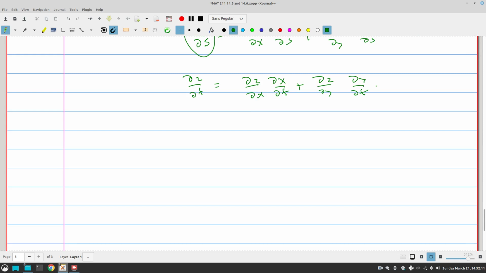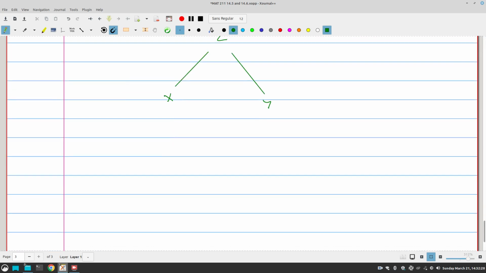Z is of course a function of x and y. Z is a function of x and a function of y. X and y are both functions of s and t.